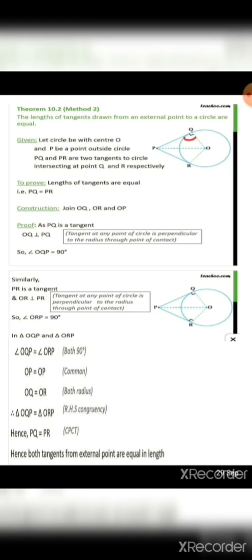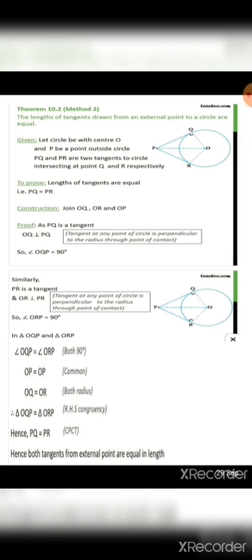Then in the next triangle, similarly, OR is the radius and PR is the tangent, so OR and PR are perpendicular. So angle ORP is 90 degrees. Now we get OQP as well as ORP both are 90 degrees. That is the first case.